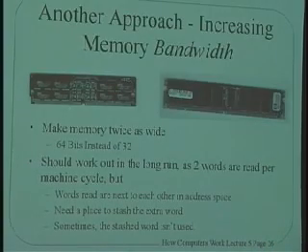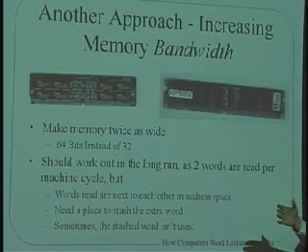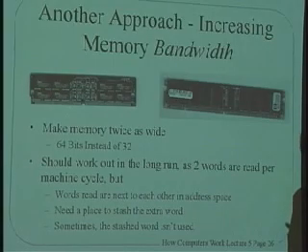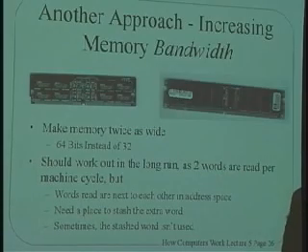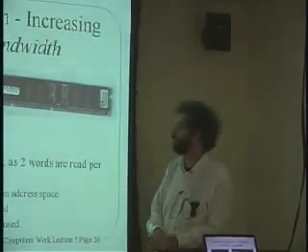But it depends on the fact that if I fetch 64 bits out of the memory, what I'm really doing is fetching 2 consecutive 32-bit words. And I'm hoping that if I fetch this one, then I'm going to need this one next. And you remember, because of locality, sometimes that's true. Often it's true, but sometimes it's not. And we can get into trouble if we fetch a whole lot of stuff and part of it's not used.